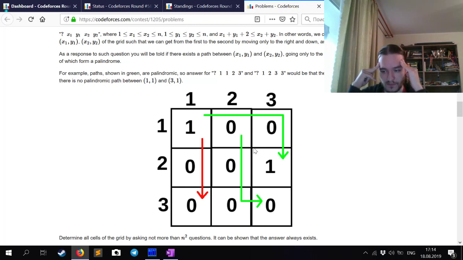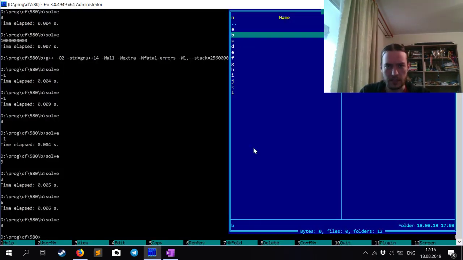Know that these are different. Well, I guess we can think about it later and just write the code.